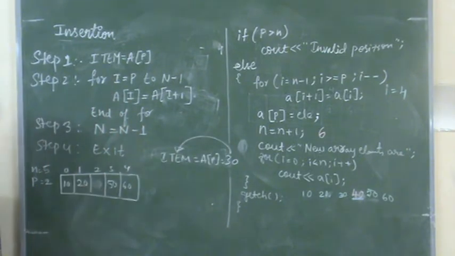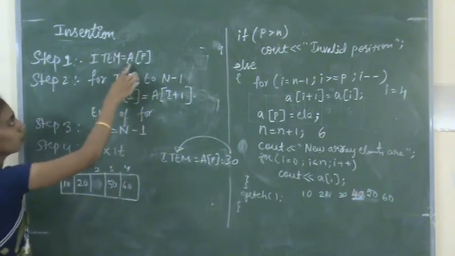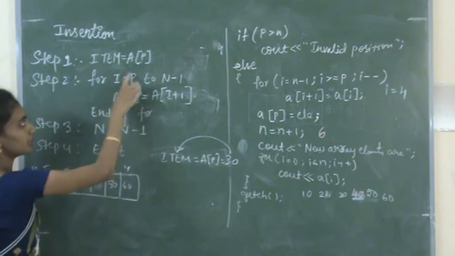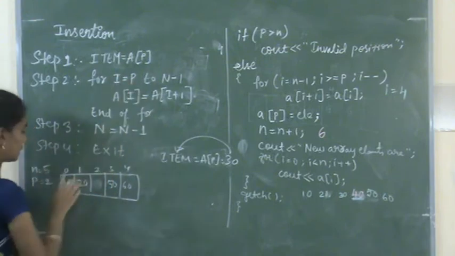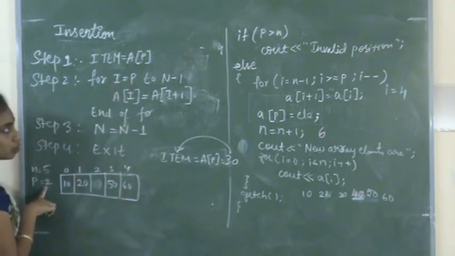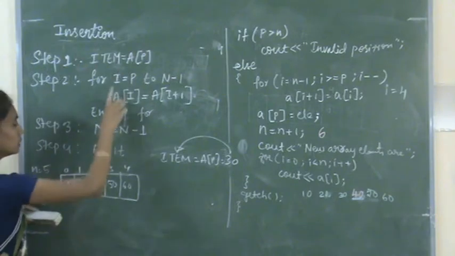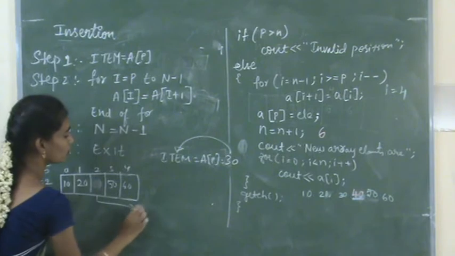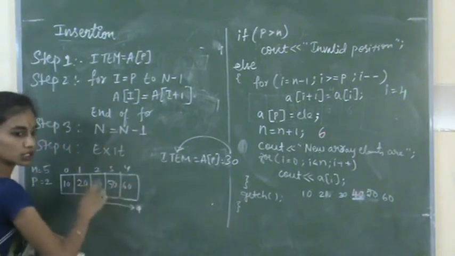Now this becomes empty. So now I will perform these operations. I am assigning the P value to I. The value of P is 2, right? So from here up to n minus 1, that means 4, I need to shift.